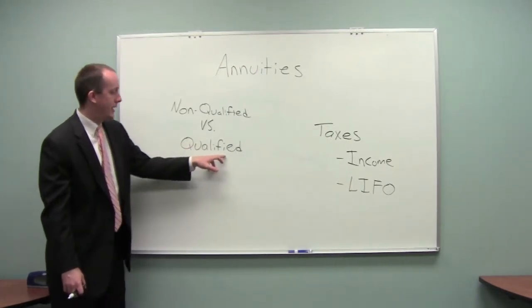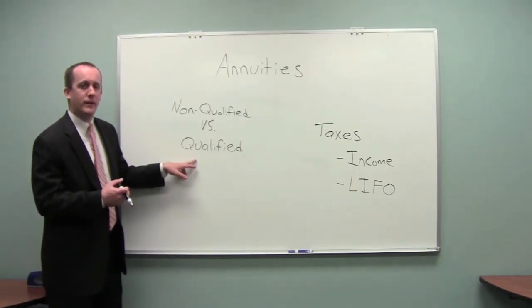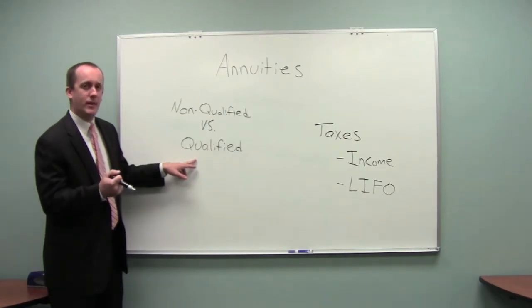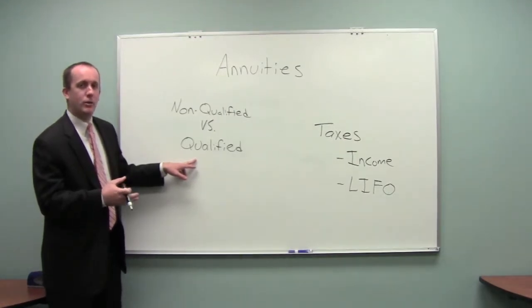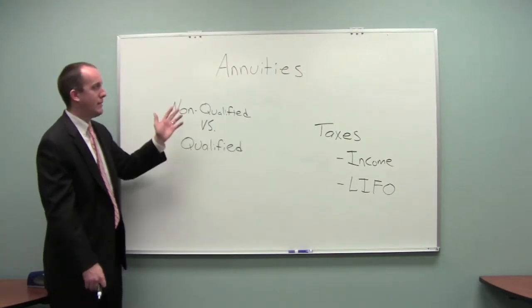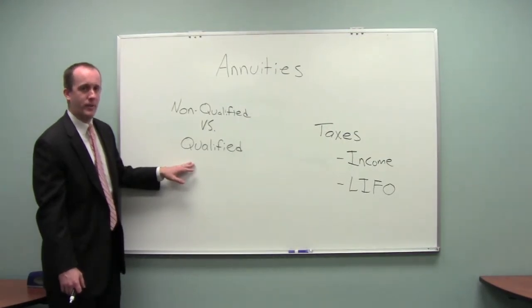If something is labeled as qualified, that simply means it's some type of IRA, meaning that it could be a traditional IRA, could be a rollover IRA, could be a Roth IRA. Qualified money in general, whether you're talking about annuities or anything else, means it's some sort of IRA account.